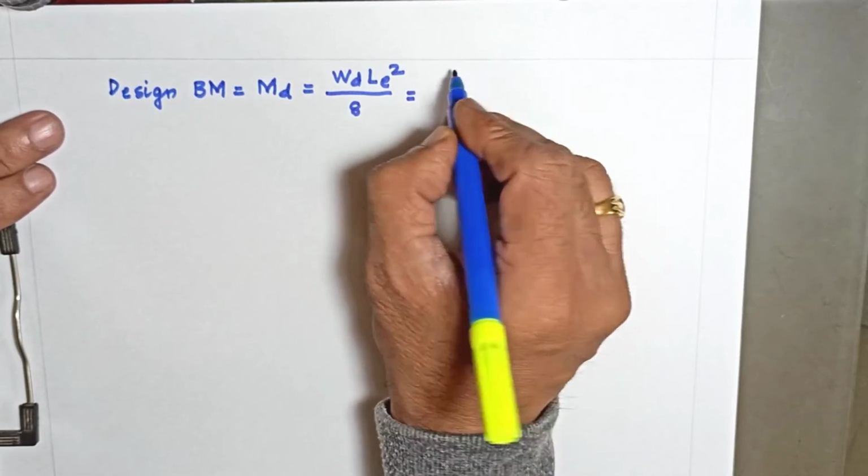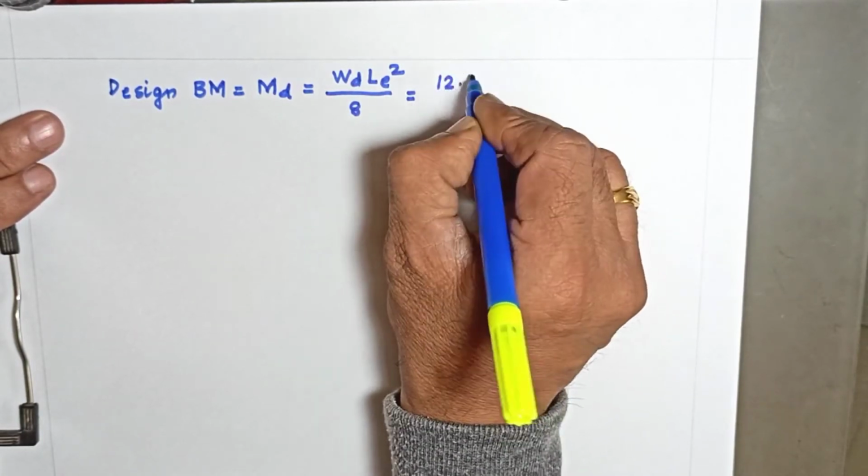Put all the values. What is WD? WD is 12.75.